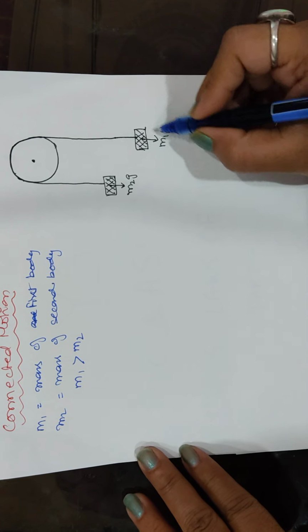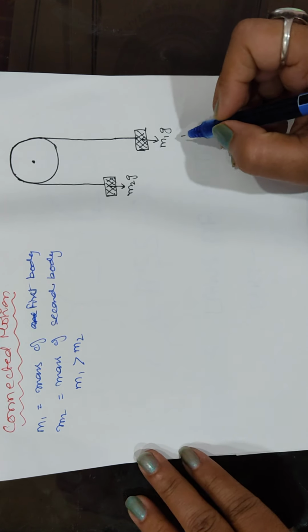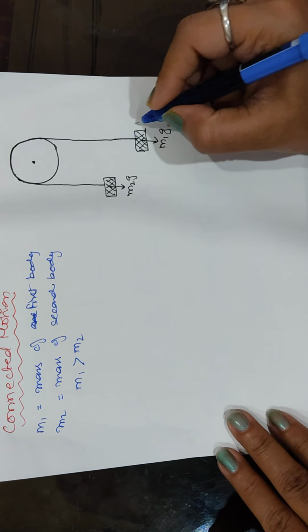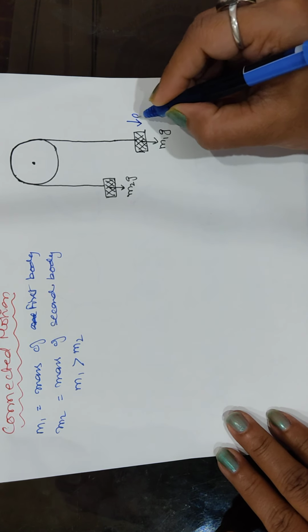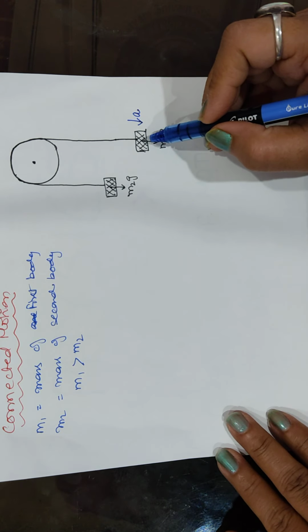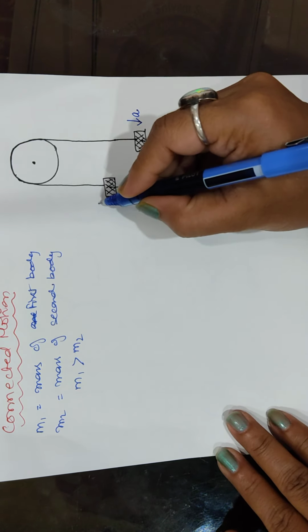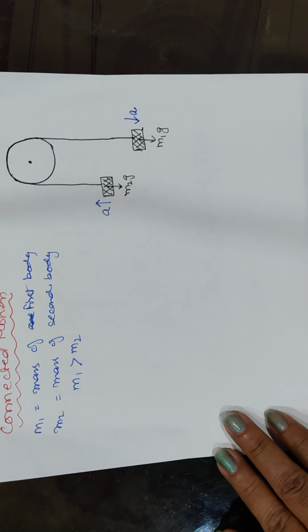That means the mass of body m1 is greater than the m2 body, and due to the weight mg it is moving, accelerating with the downward acceleration which is equal to a, and since they are connected with only the same rope, the same acceleration will act in the upward direction also.